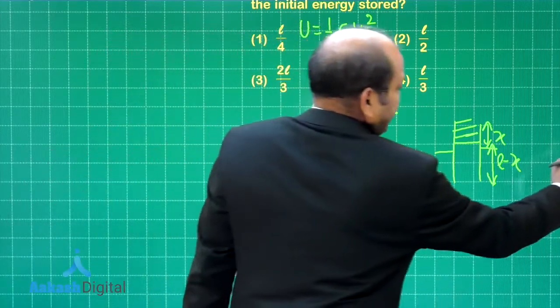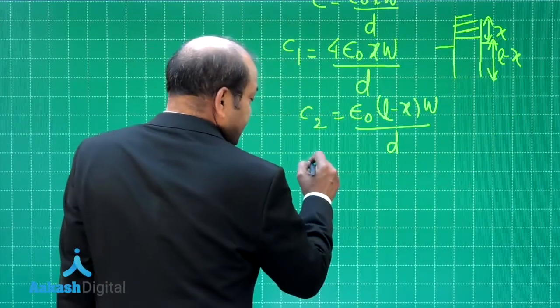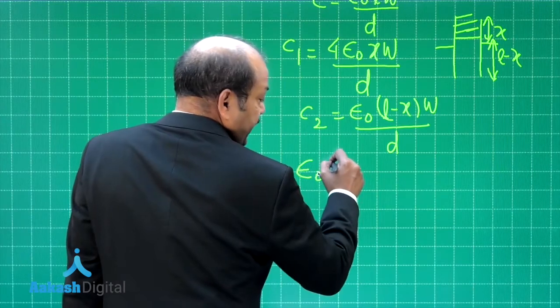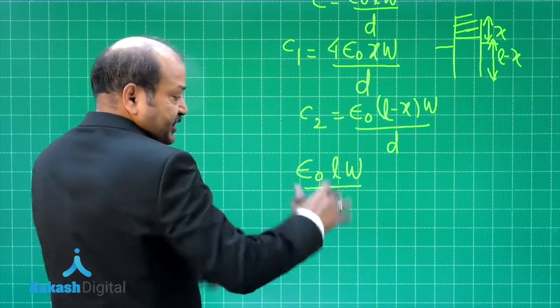So we can now write the equation: epsilon naught L into W divided by D, this is the initial capacitance.